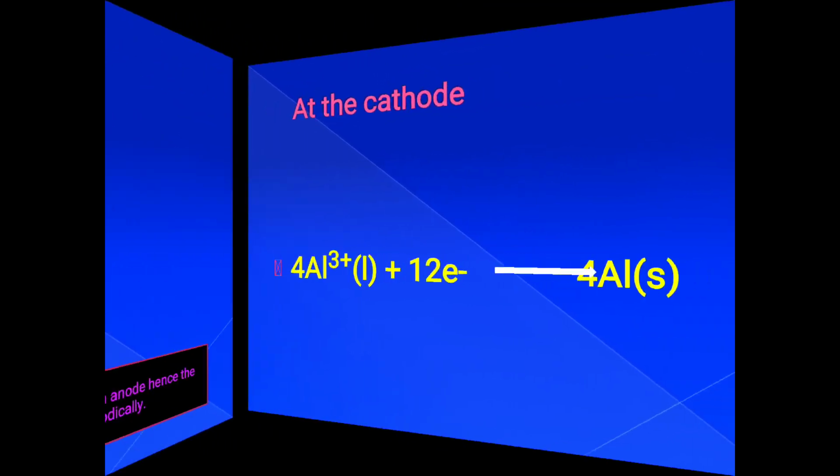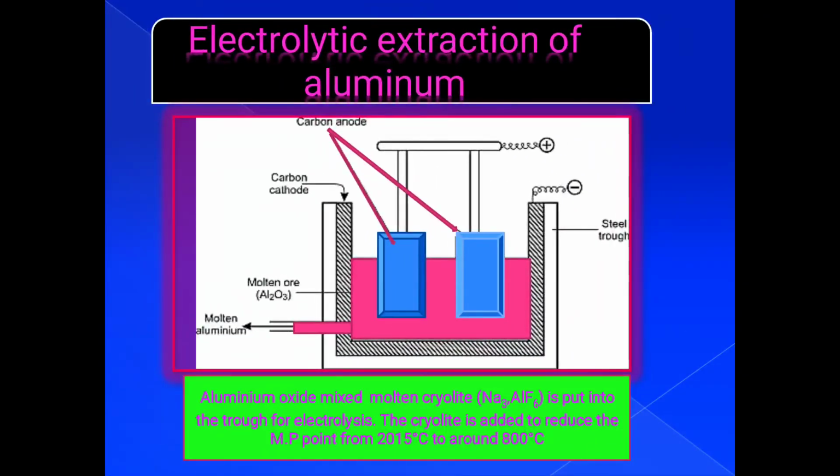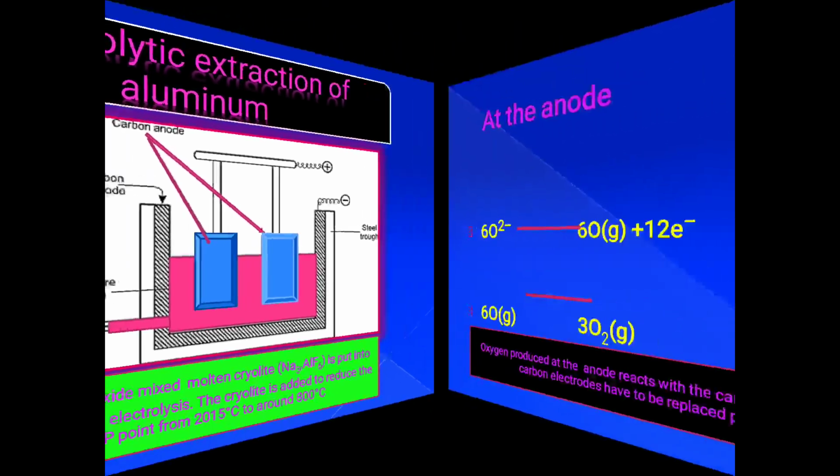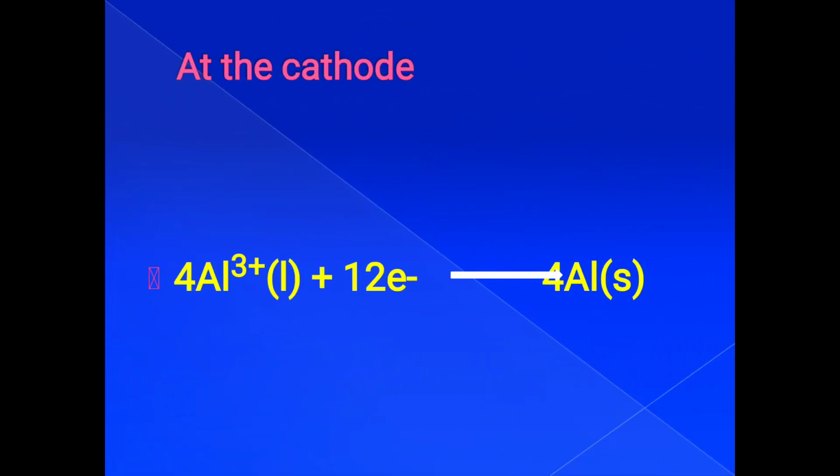periodically. Now look at the equation at the cathode. And the cathode is here. This is what we call the cathode. The cathode is negatively charged, and therefore you expect the aluminium ions to be attracted or to migrate towards it, because the unlike charges always do what? Attract. So at the cathode, aluminium ions gain the electrons lost.